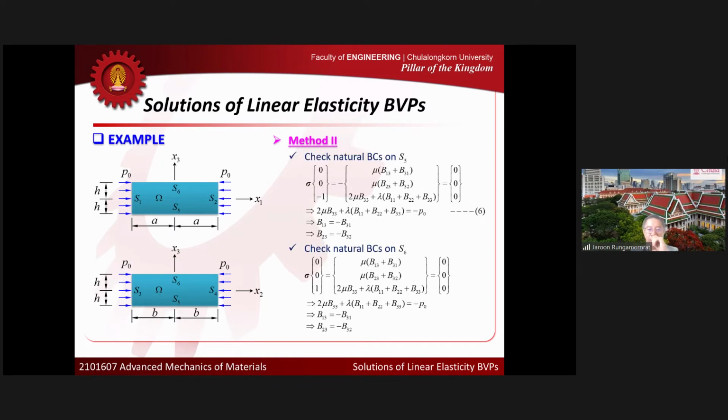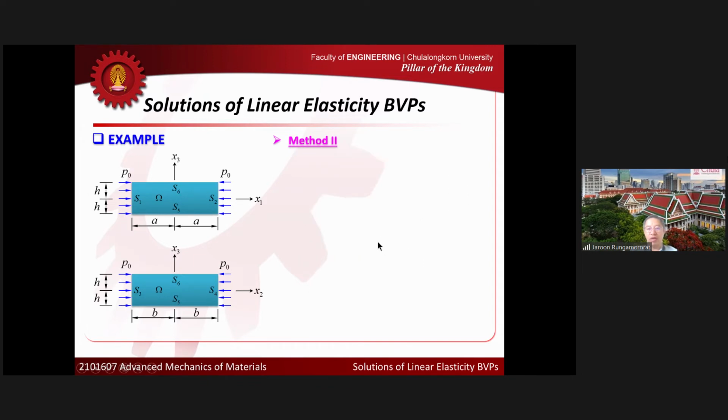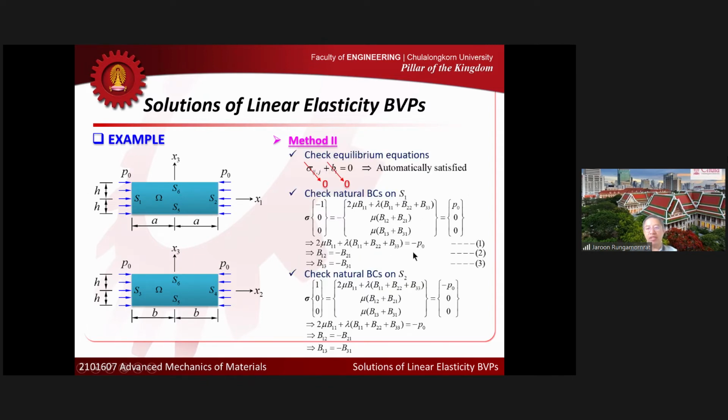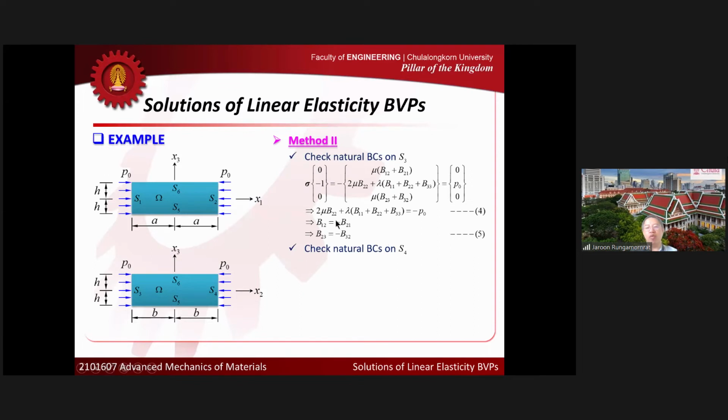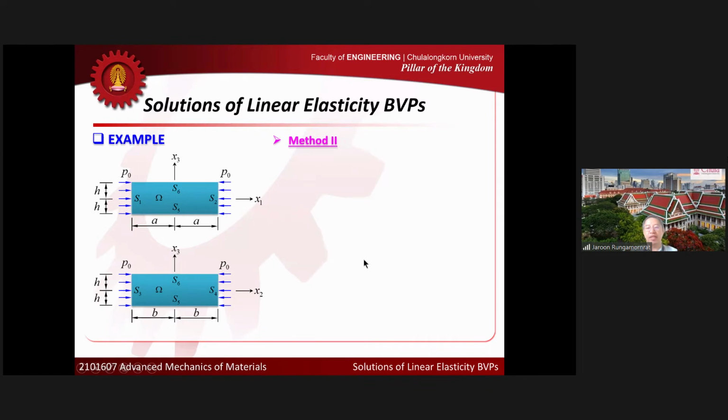If you take a look, we have equation 1 involving B11, B22, and B33. Equation 4 involves B11, B22, and B33. And equation 6 involves B11, B22, and B33.